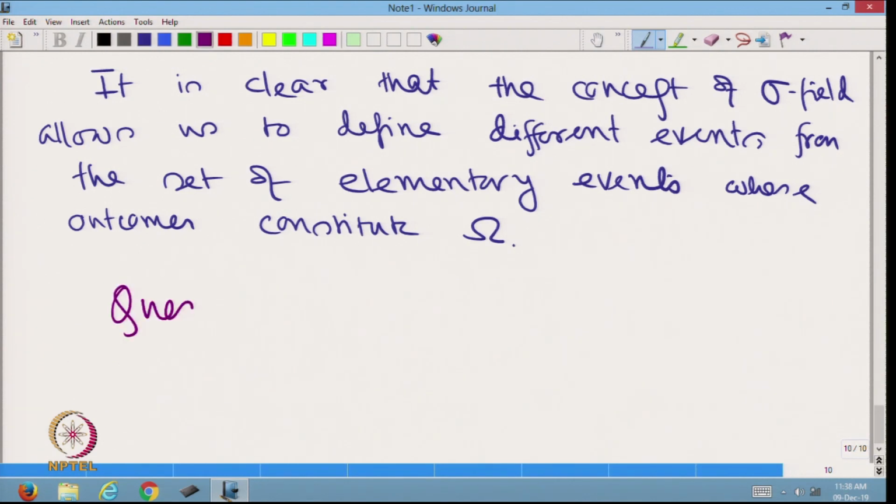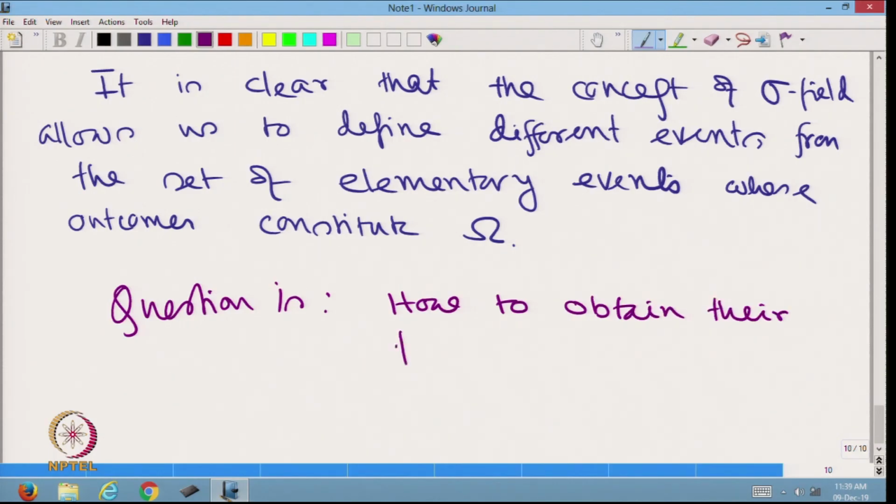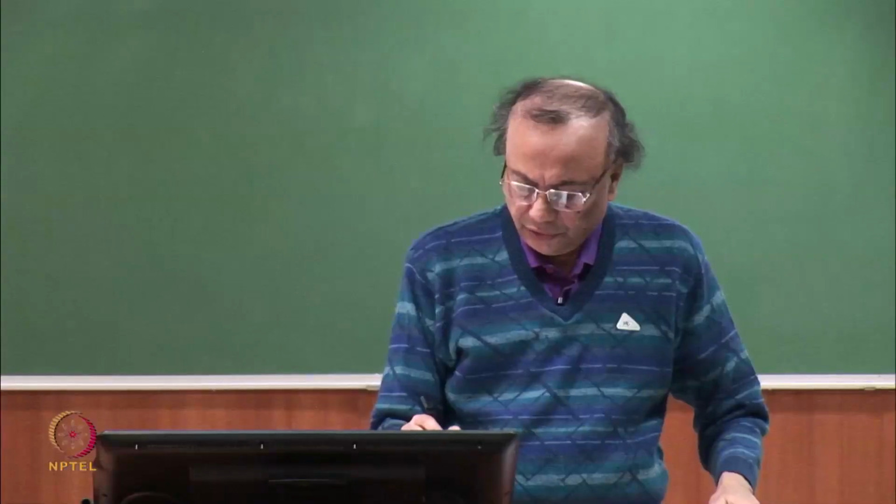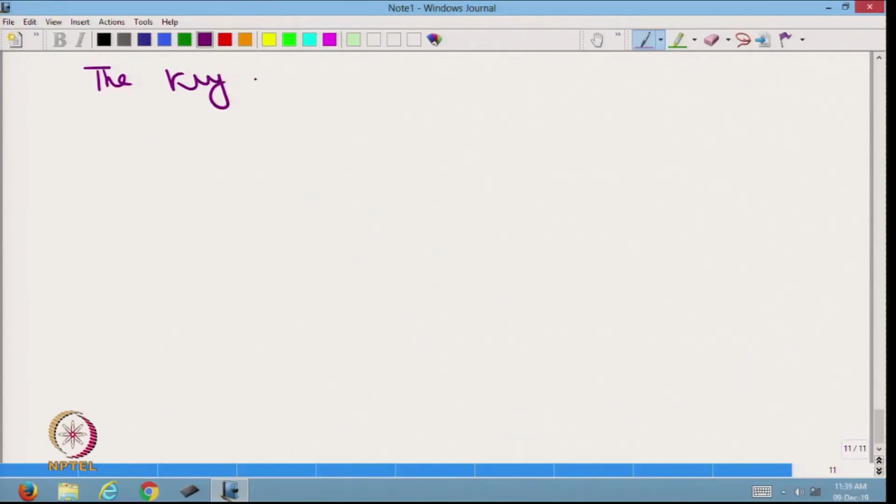Question is, how to obtain their probability? The key concept is the concept of measure.